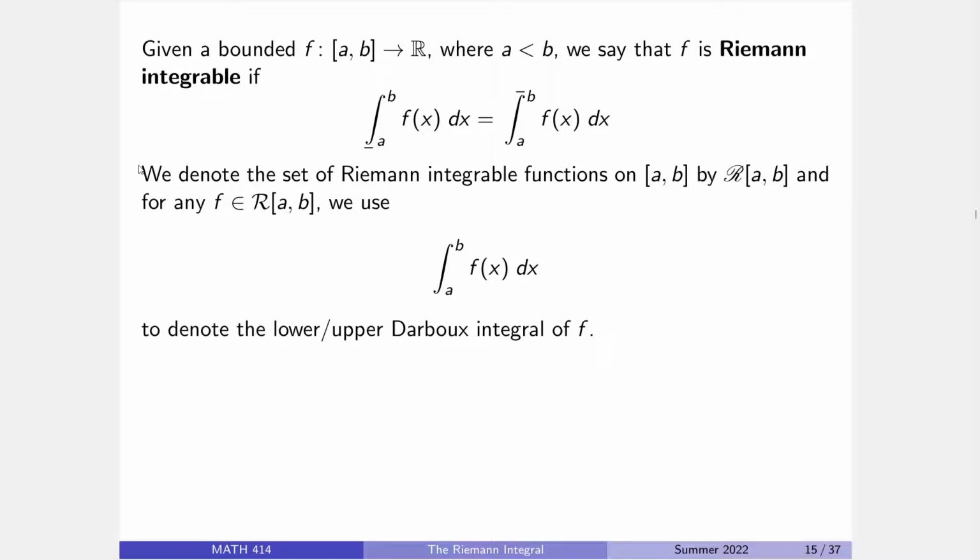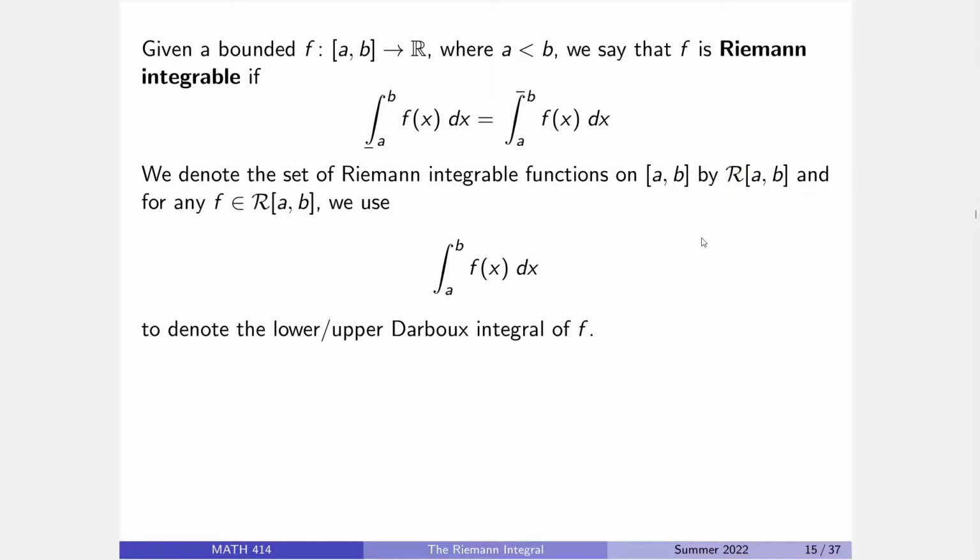I don't like that for the set of Riemann integrable functions. I just like R. Math calligraphy R. Not just a plain R. A plain R I would consider what are called rational functions, so the functions that are a polynomial divided by a polynomial, but a fancier looking R would be for Riemann integral.